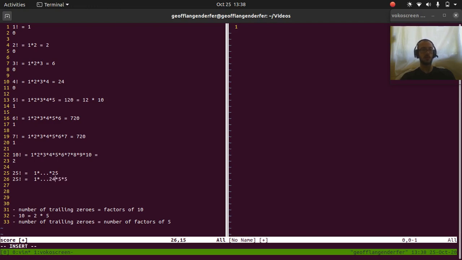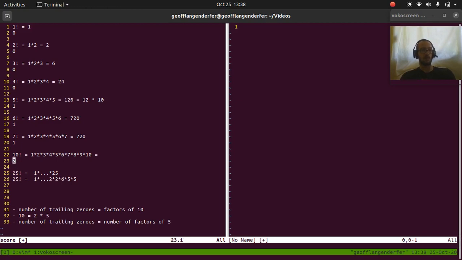So from 24, we can grab two 2's, because 24 equals 2 times 2 times 6. And so we can just grab a 2 from a neighbor. So the number of 5's will tell us the number of trailing zeros. So the question is, how can we find the number of 5's in n factorial, in 25 factorial, for example?